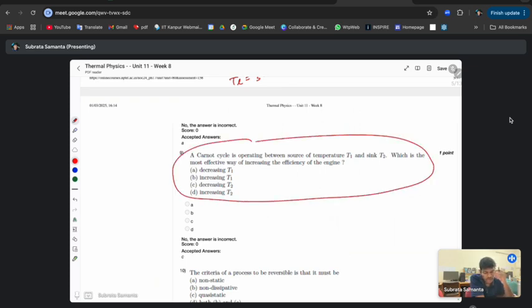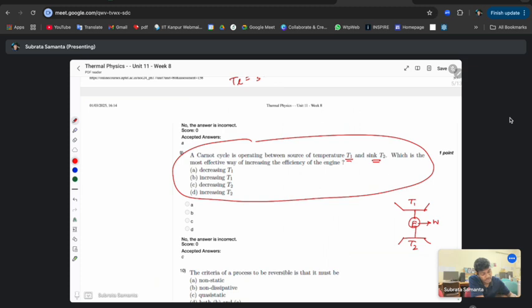In the next problem, a Carnot cycle is operating between a source of temperature T1 and a sink T2. If you draw the cycle, this is your source temperature T1, and this is your sink temperature T2, and the engine operates in between.